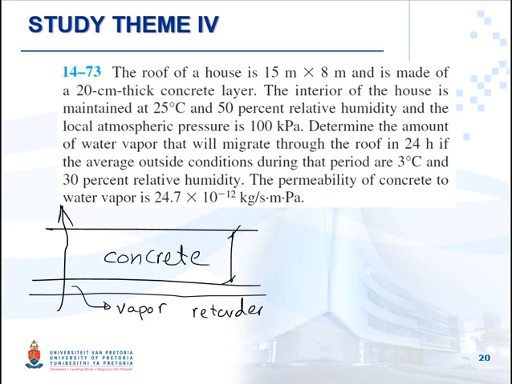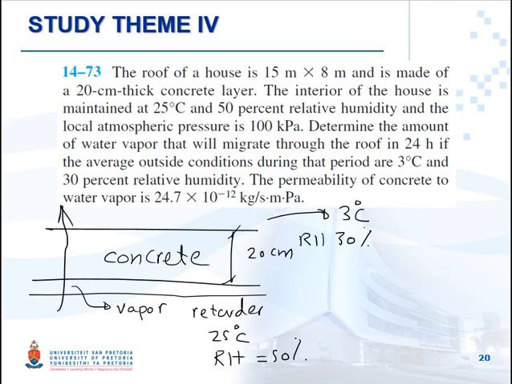Here we have 20 centimeters. Inside is 25 degrees, relative humidity is 50%. On the other side, the temperature is 3, relative humidity is 30, and the pressure is 100 kilopascal. Okay.